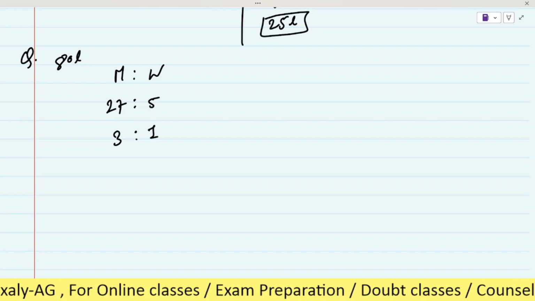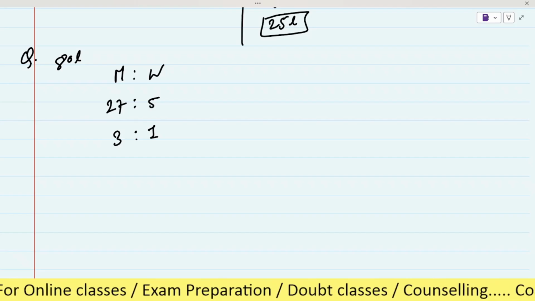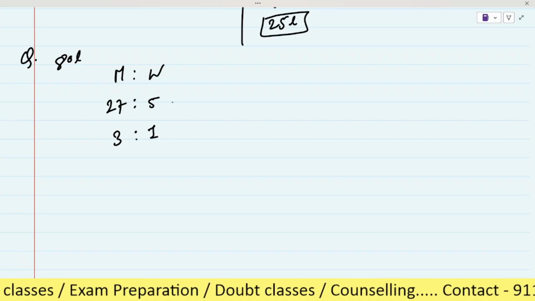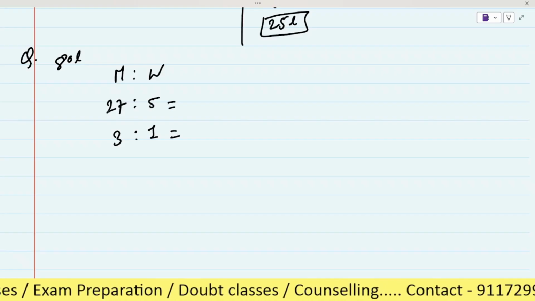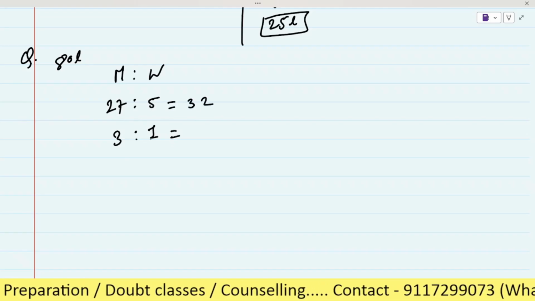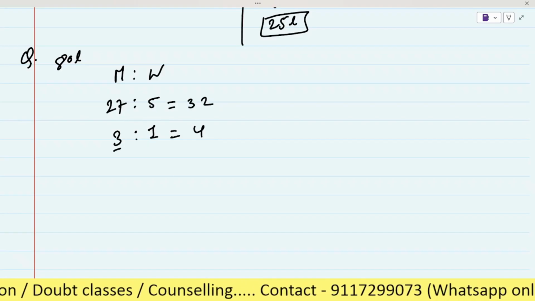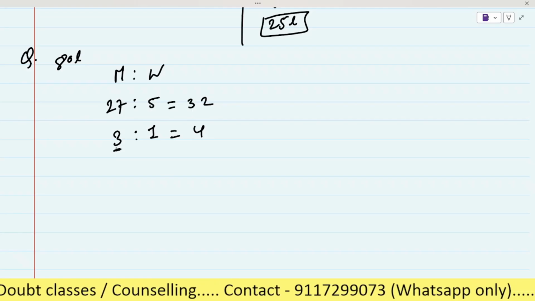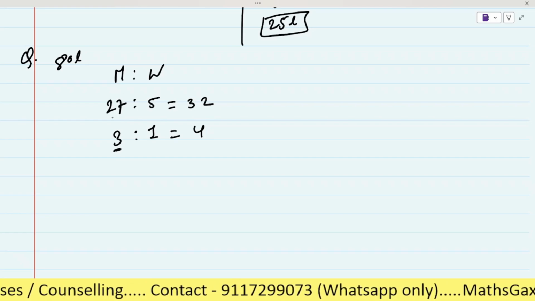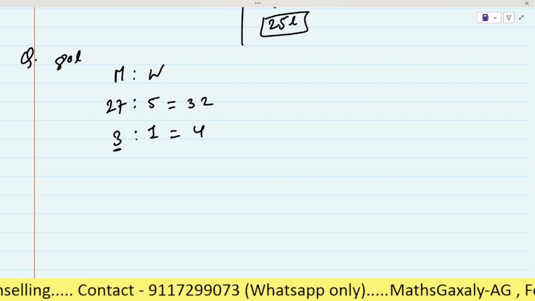So first we have to make it equal. Okay, we have to make it equal. So to make it equal, let's see how we will do it. When you add 27 plus 5, it will be 32, right? And 3 plus 1, it will be 4. We have to make the milk as it was initially. Initially it was 27, right? So we have to make this 3 as 27.